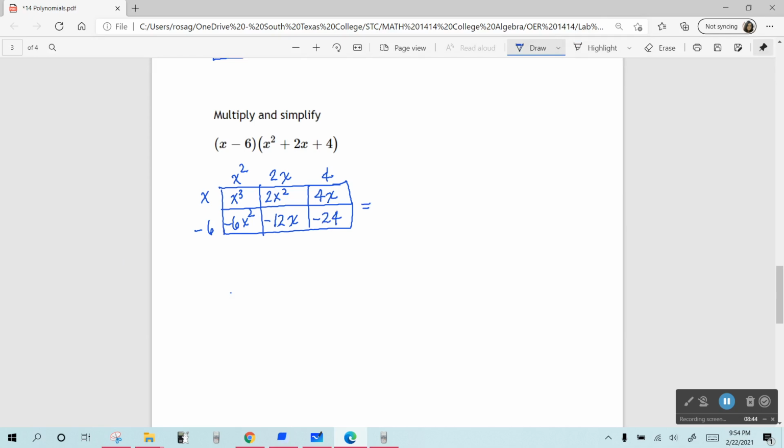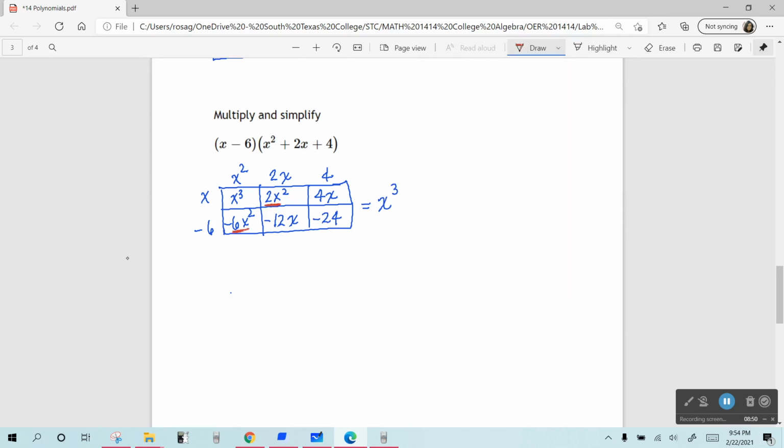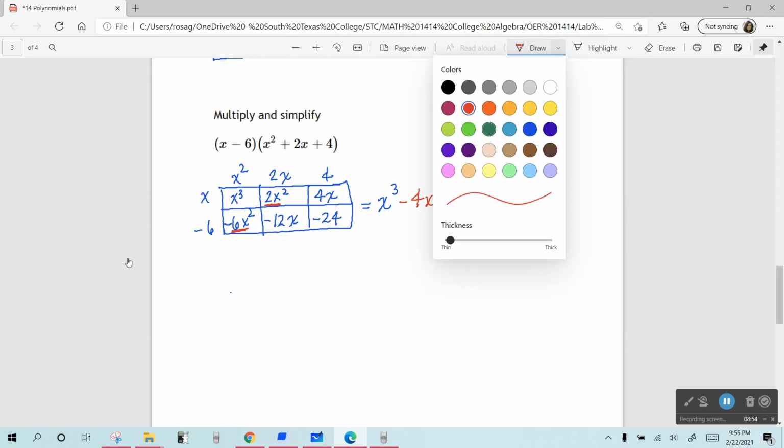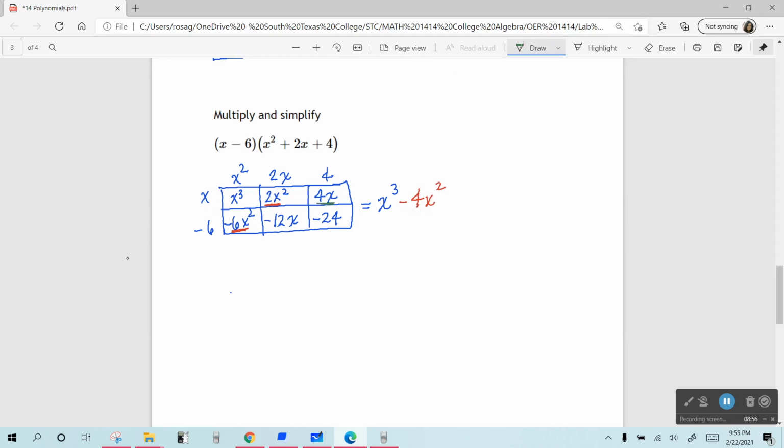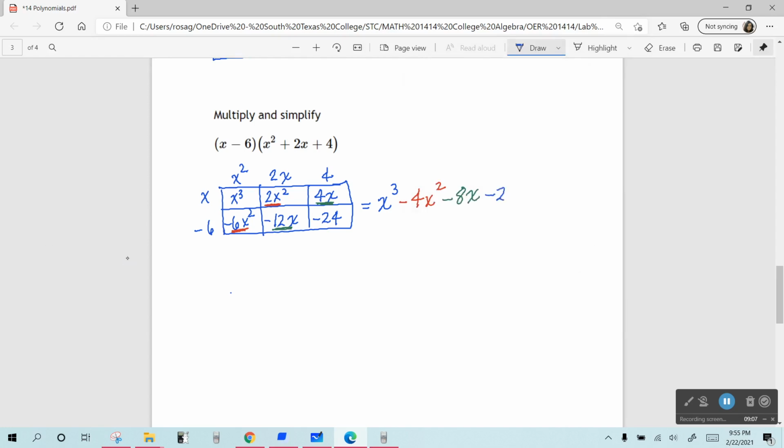So then I'm going to get x to the third. This one is going to combine with that one for a minus 4x squared. The x's are going to combine for a minus 8x. And then the 24 stays.